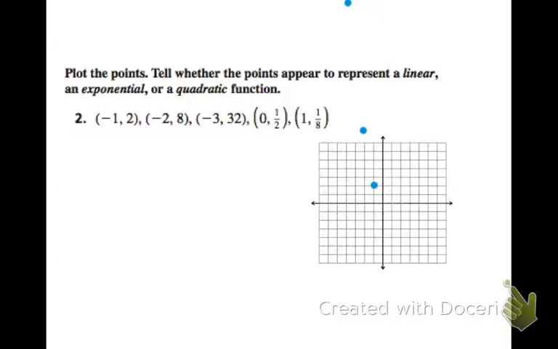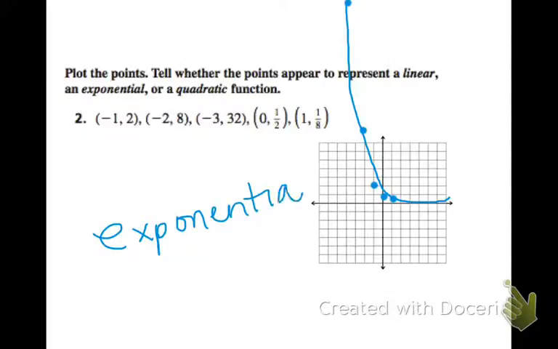It's going to be so far off in the chart you can't see it. How about a 0 and half? And 1 and 1/8. So do your best to draw the line. But this is appearing to be exponential, so it's going to approach the x-axis, but it'll never cross it. So again, this is just describing the shapes of the different graphs.